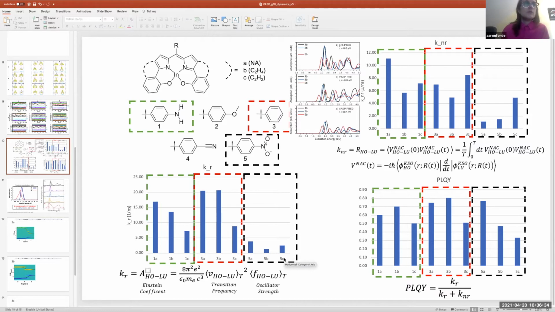So they're smaller compared to their analogous compounds, which makes sense because there should be less orbital overlap between HOMO and LUMO for the heaviest electron withdrawing group.